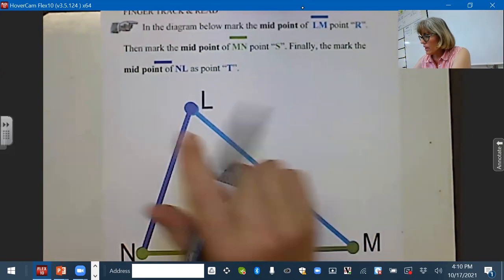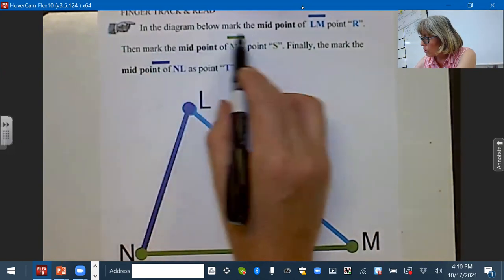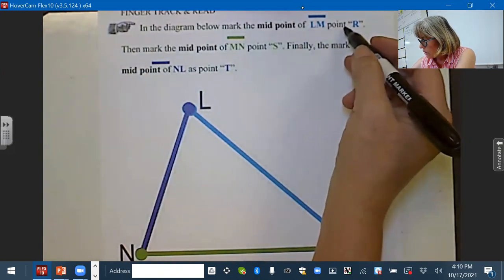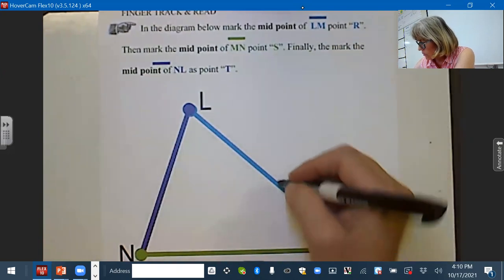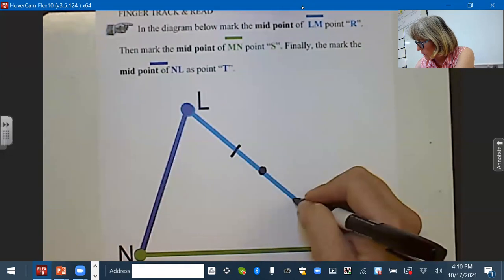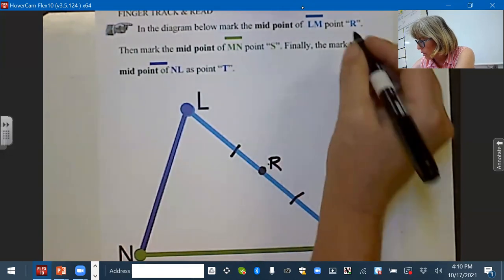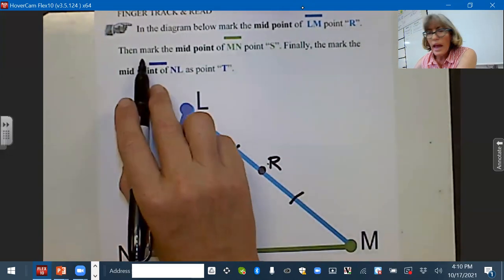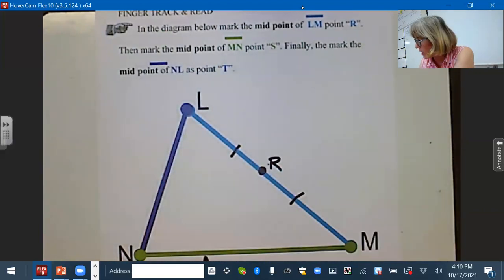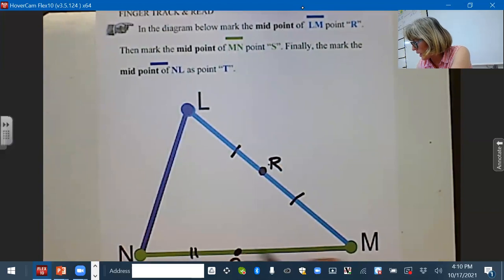And it says, in the diagram below, mark the midpoint of LM, point R. So we're going to do right here, LM. We're going to get that as accurate as we can, point R. And the midpoint of MN, point S. So MN, midpoint as close as possible. We're going to call that S.